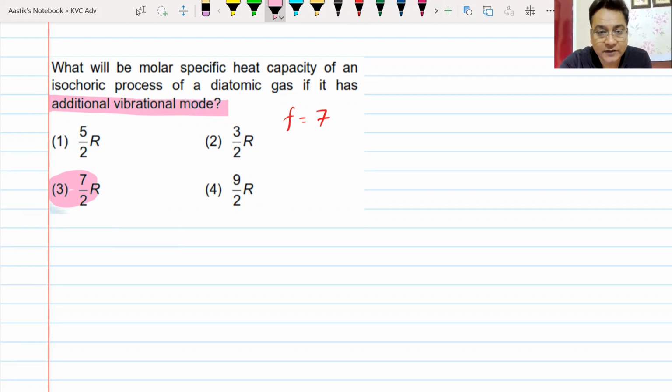What happens when the molecules start to vibrate? For vibration on one axis, 2 degrees of freedom are added. Total number of degrees of freedom becomes 7, and hence the answer is 7 by 2 R.